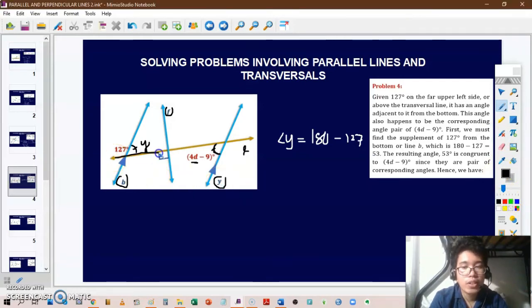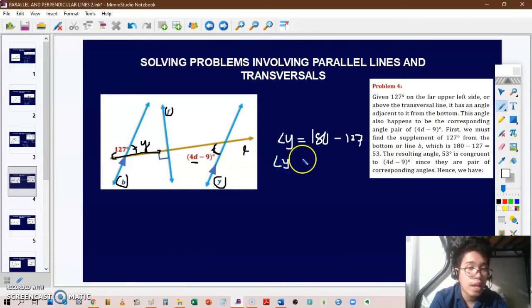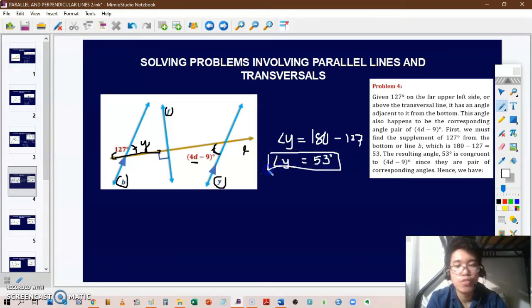If they're lying on a straight line, then the total measurement, if you add them together, is 180 degrees. So to get the measurement of angle y, we simply subtract the given value. We have 180 minus 127, we get 53 degrees. So the measurement of angle y is equal to 53 degrees.